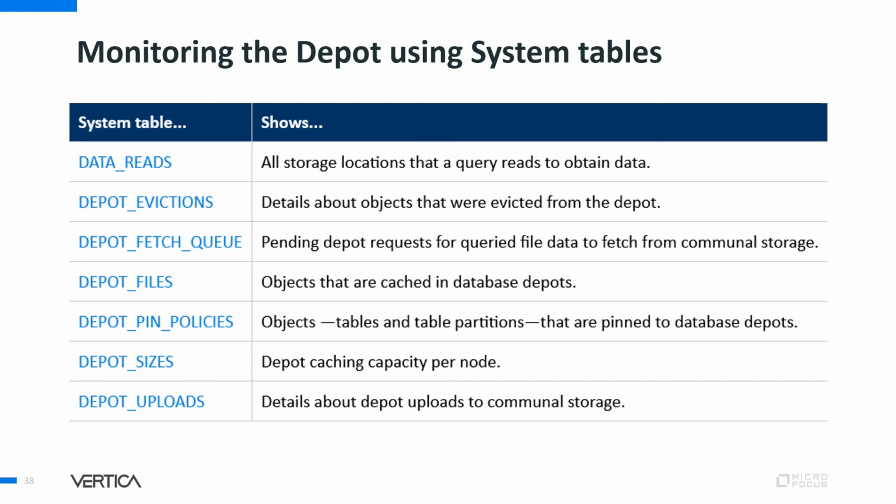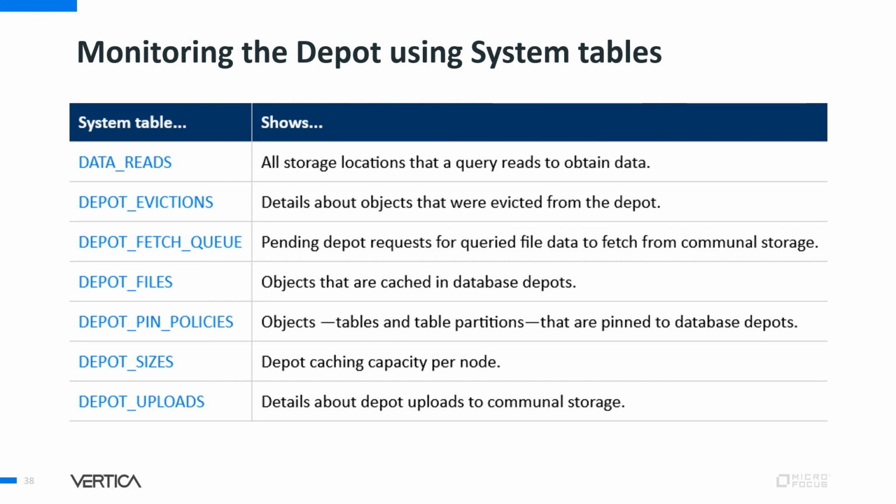Monitoring the depot using system tables. You can monitor the depot activities using these system tables. For example, depot_eviction. You can use this system table to list the objects which got evicted and what exactly the reason for the evictions is. Either it can be using the clear depot pinning policy function, or providing more room space.